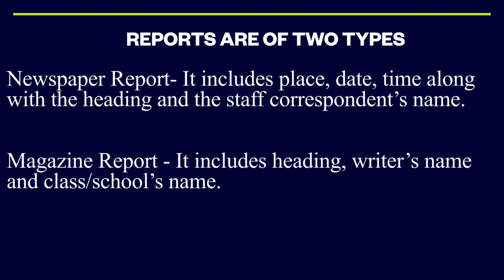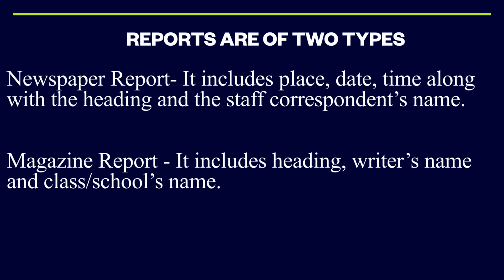Now, reports are of two types. The first one is the newspaper report, which includes the place, date, time along with the heading and the staff correspondent's name, which would be a part of your format. And the magazine report would include the heading, the writer's name, along with the school or the class which the writer is studying in.